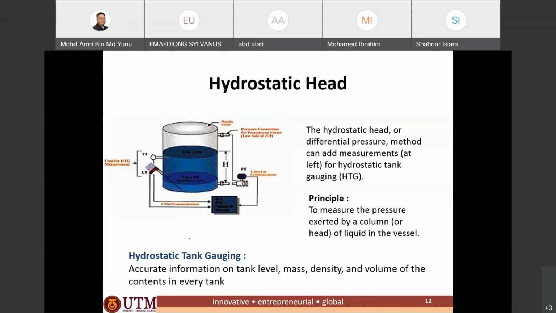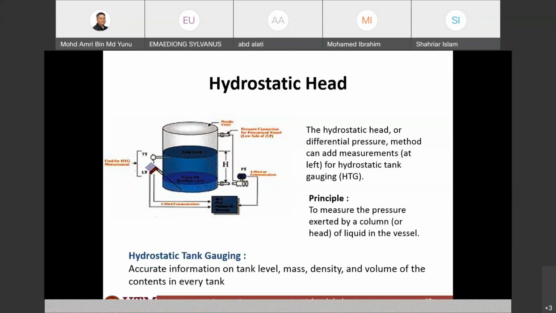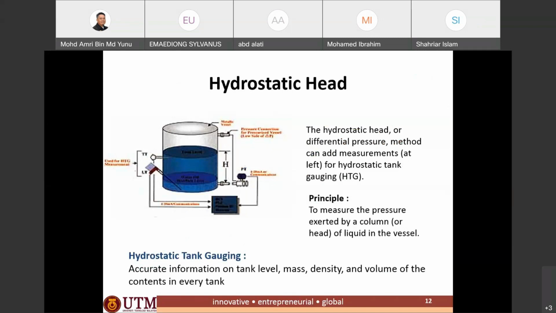And then hydrostatic head. Okay, this application shows a simplified system that uses a pressure transmitter to estimate the height level of material inside a vessel. Okay, so there's a pressure transmitter at the bottom part of the tank here.